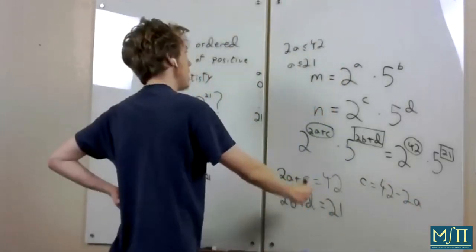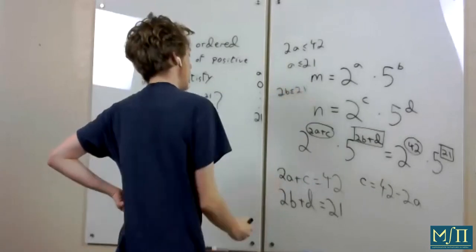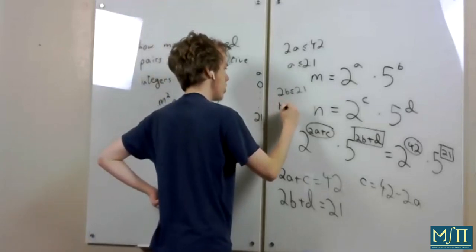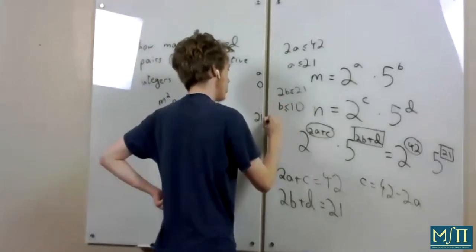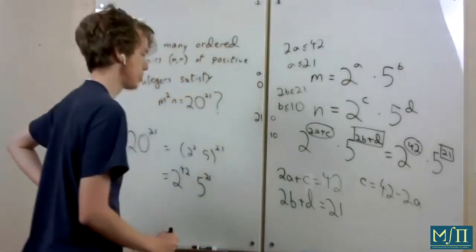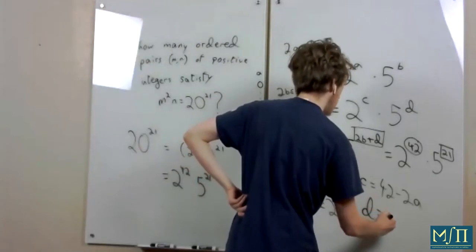Now 2b is less than or equal to 21, and since b is an integer, it has to be at most 10. So there are 11 choices for b, anywhere from 0 to 10, and then d is uniquely determined by that.